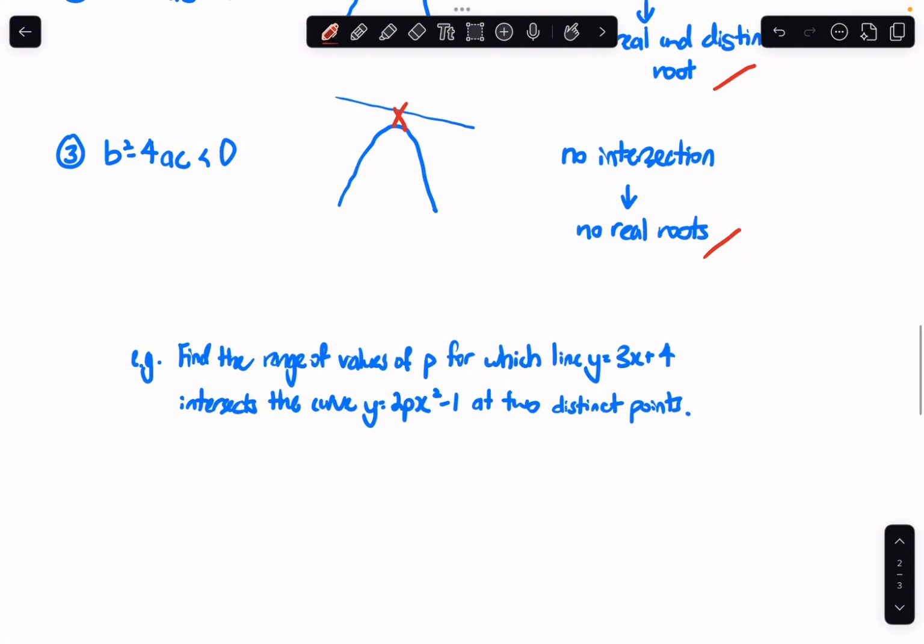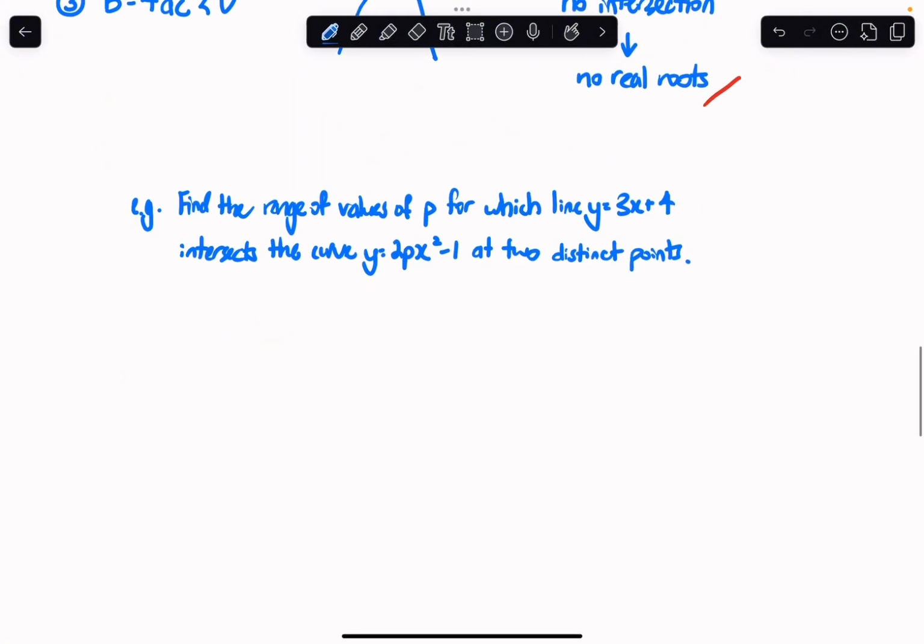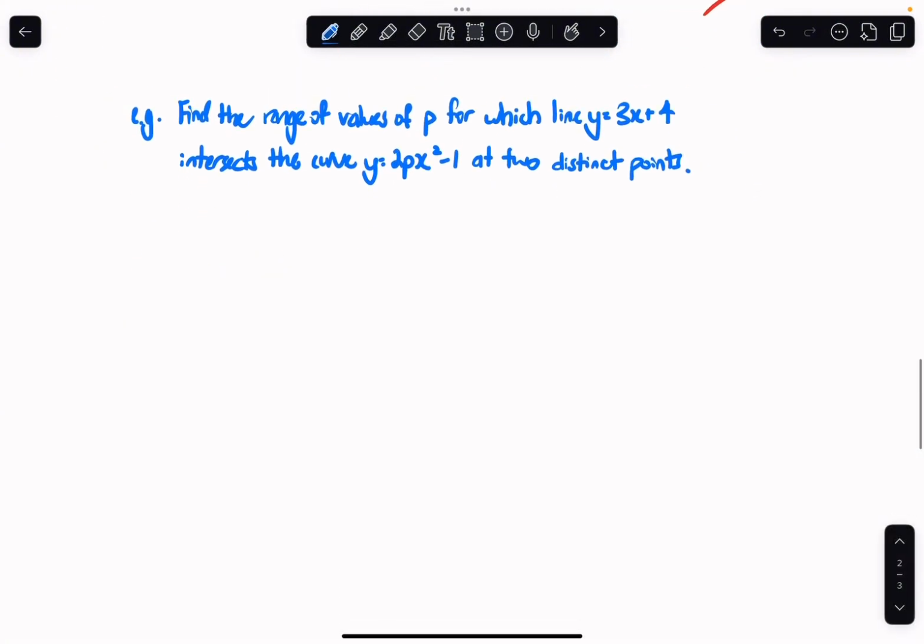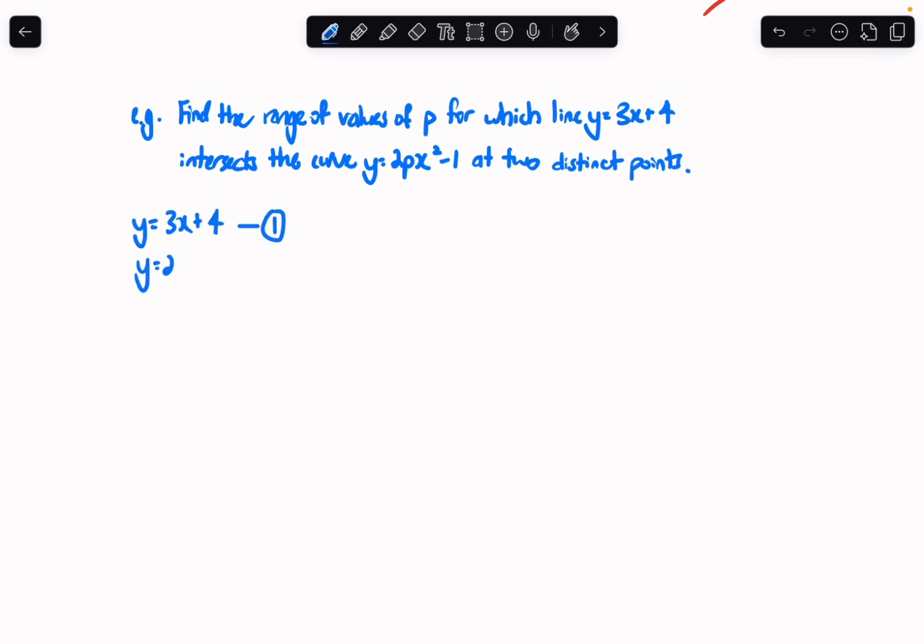Okay, let's try a question. Find the range of values of p for which the line y equals 3x plus 4 intersects the curve y equals 2px squared minus 1 at 2 distinct points. Now we have 2 equations. y equals 3x plus 4, equation 1, and y equals 2px squared minus 1, equation 2.